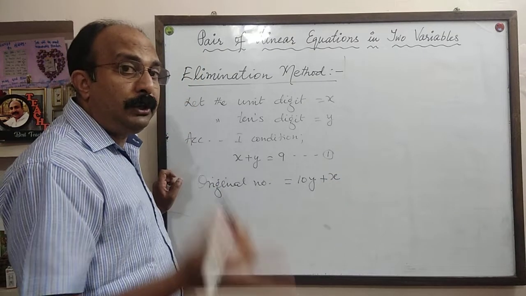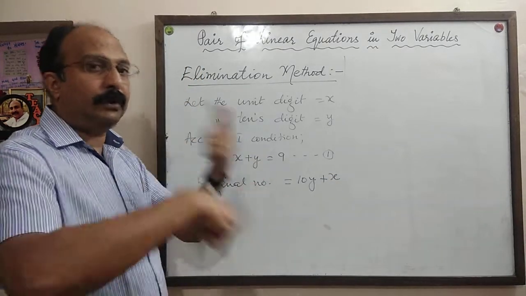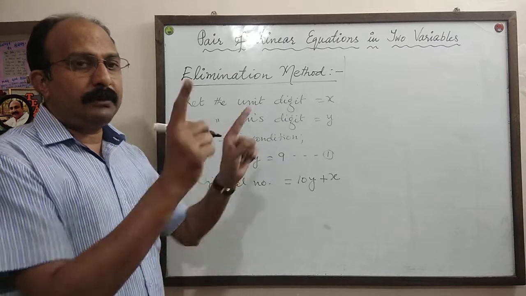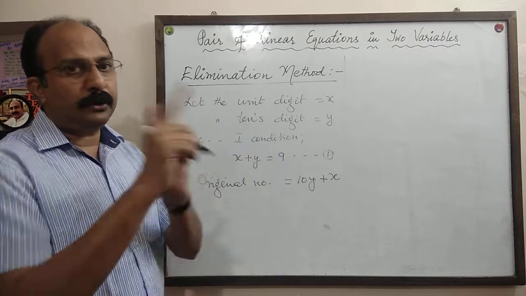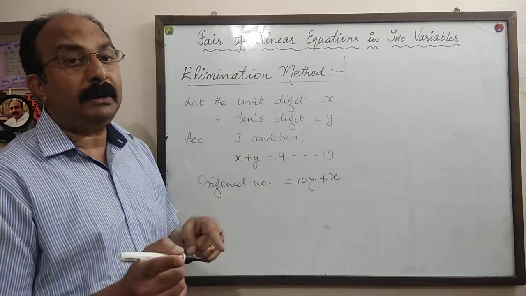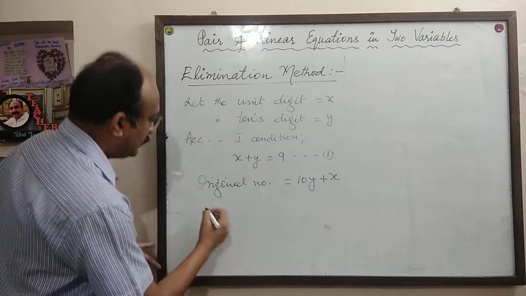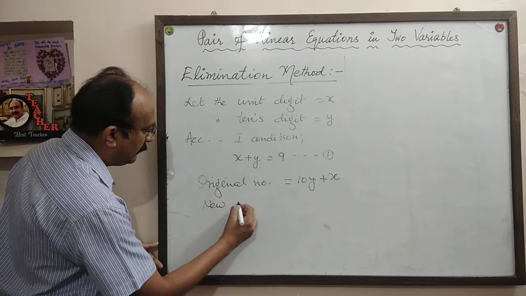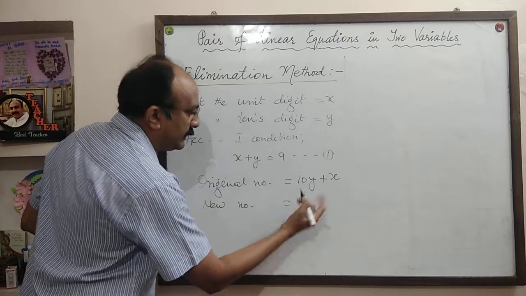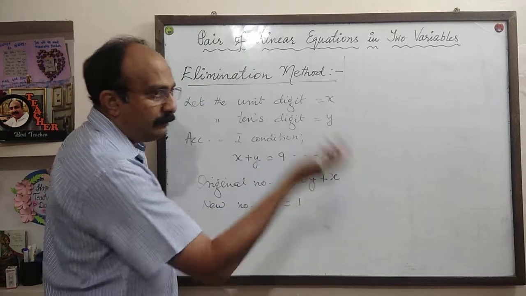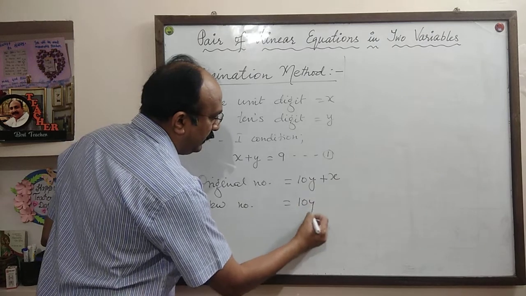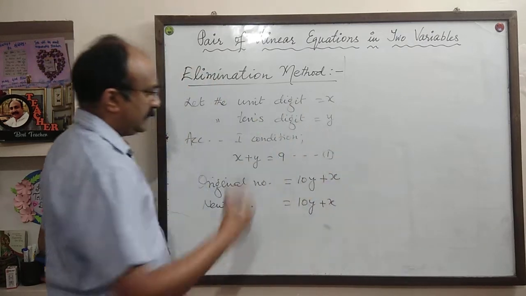10 into tens digit, that is 10y, plus 1 into unit digit, that is x. So what will be the new number obtained by reversing the order of the digits? x will come to the tens place and y will go to the ones place. Then the new number will be 10 into x plus 1 into y, that is 10x plus y.